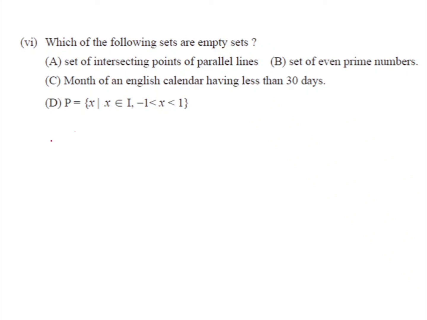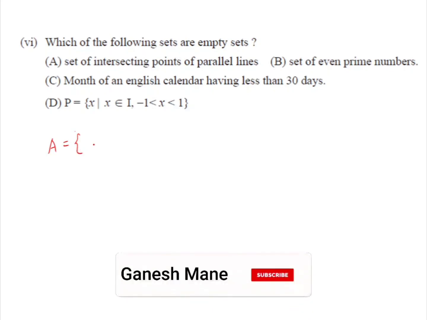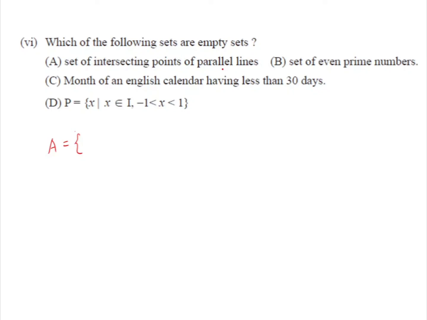Now to find the answer, we have to write all these sets by the listing method. For the set of intersecting points of parallel lines, we have to write those points where two parallel lines intersect each other. As we know, two parallel lines never intersect each other.